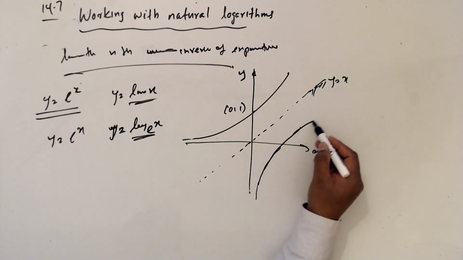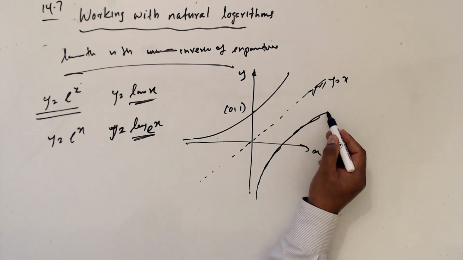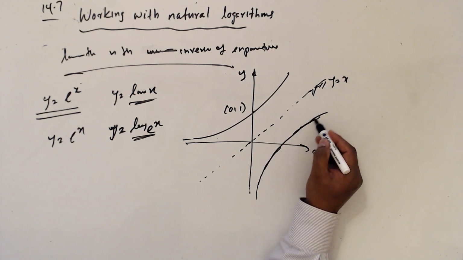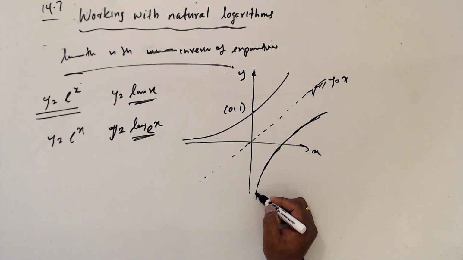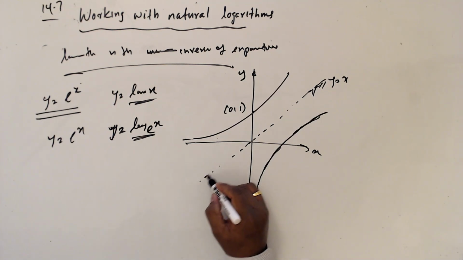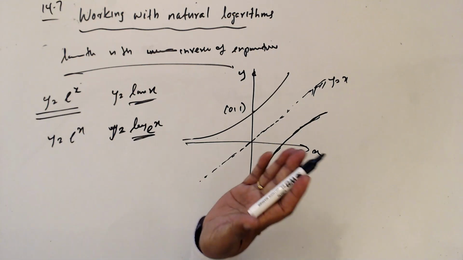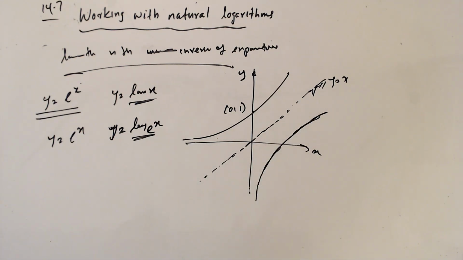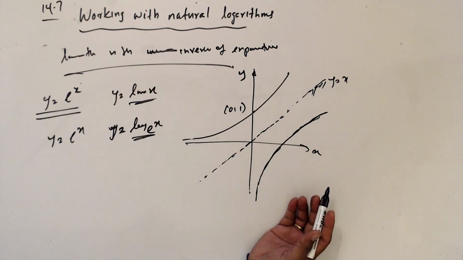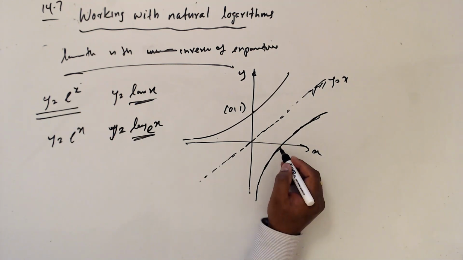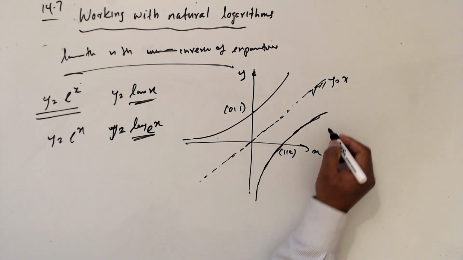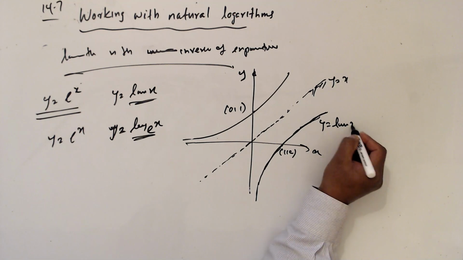That's how we either plot taking values or use this tactic. The reflection is going to pass through 1, 0. So this is y equal ln x.